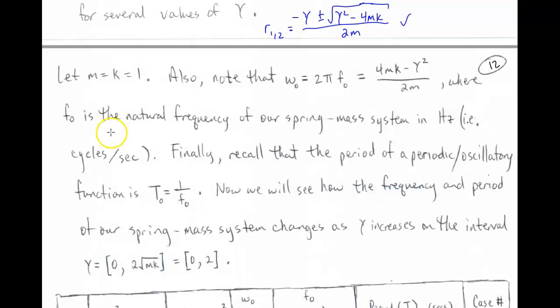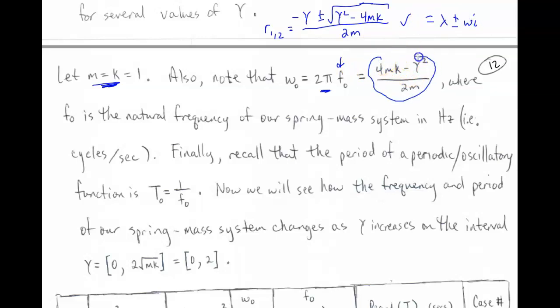And to make the numbers easy, we're just going to let both the mass and the spring constant be 1. We also want to note here that whenever we talk about angular frequency, which is what our omega is going to be, it is 2 pi times the actual frequency. And that actual frequency would be measured in hertz, which is cycles per second. And we know that that is actually going to be the imaginary part of our roots here.